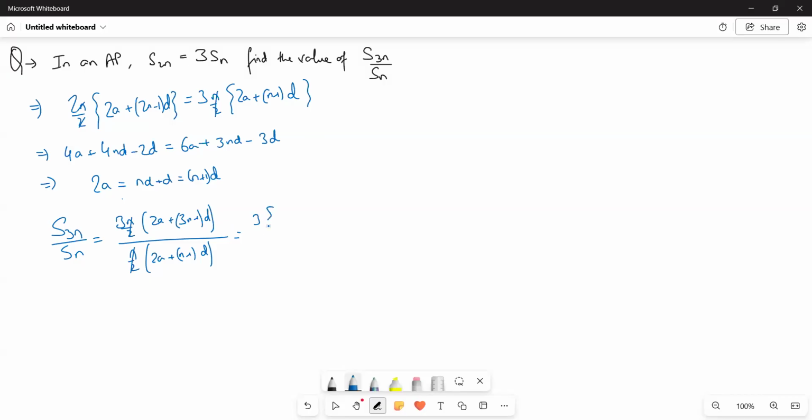So this would be 3 times of n plus 1 d plus 3n minus 1 d divided by, in place of 2a, n plus 1 d plus n minus 1 d. So here d cancels and 4nd comes. 3 into 4nd divided by 2nd. So this cancels off, this cancels off. The answer is 6. Yes, 6 indeed.